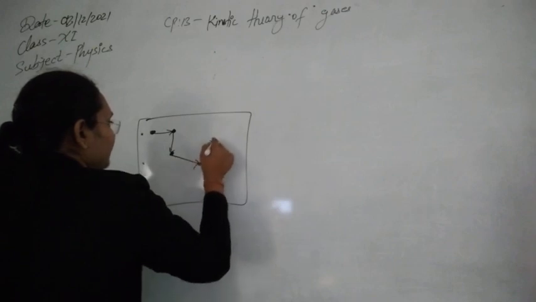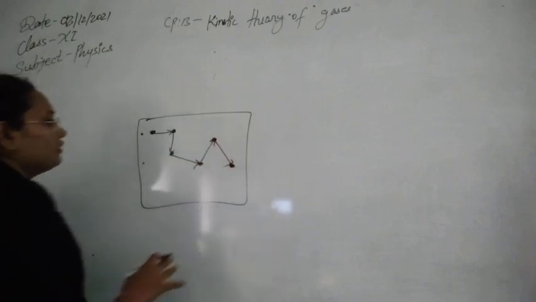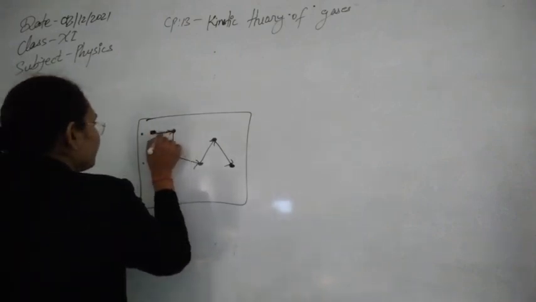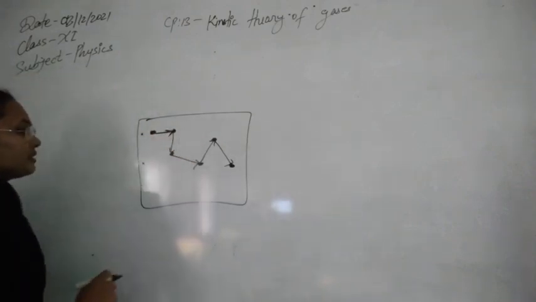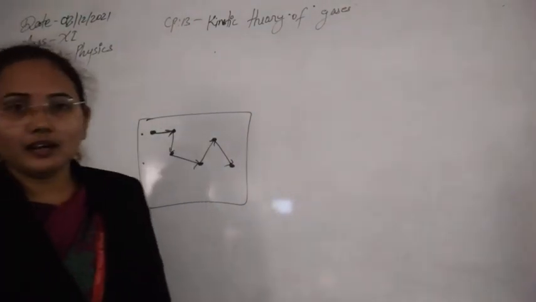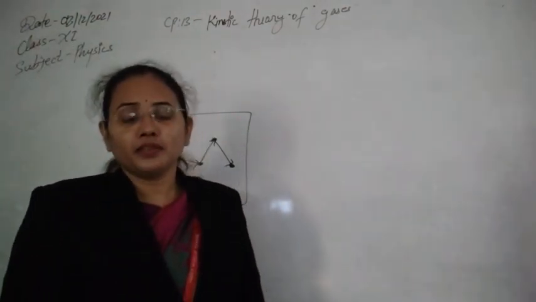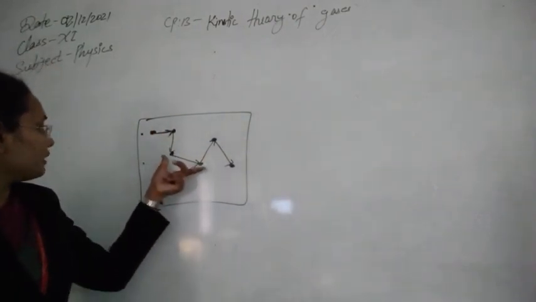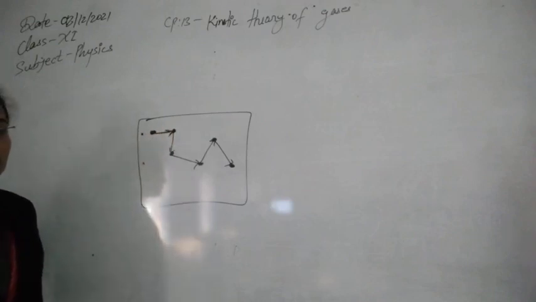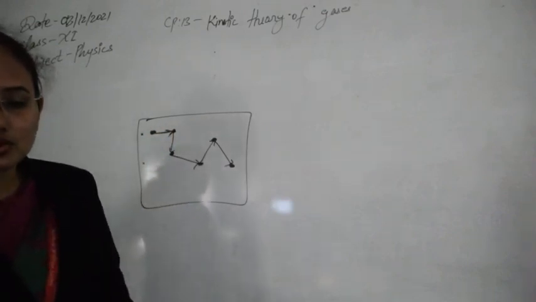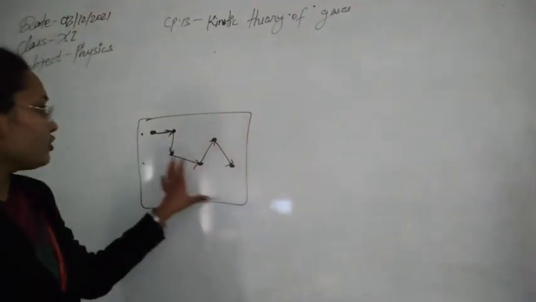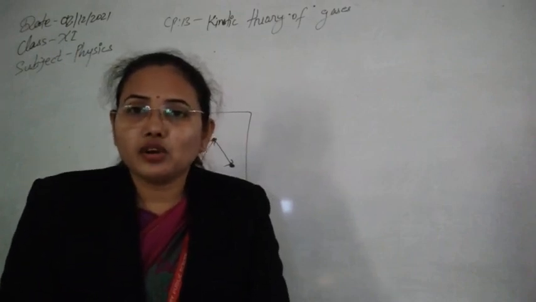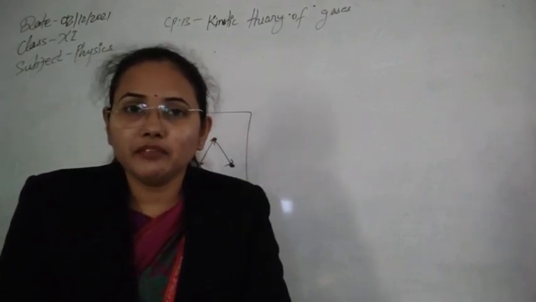Here this zigzag path you can see is called Brownian motion, and the distance travelled between any two successive collisions is known as the free path or path length. The time taken to collide with the other one is called free time. Now the average of all free paths is called mean free path, and the average of all free times we call mean free time.